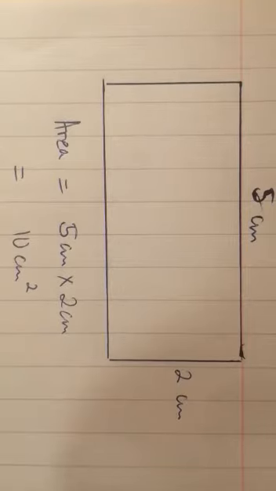You must always remember to include the units, and the units of area are always squared. So if you are using meters, you get square meters. If you are using centimeters, for example, in this case, you get square centimeters. So our answer becomes 10 square centimeters.